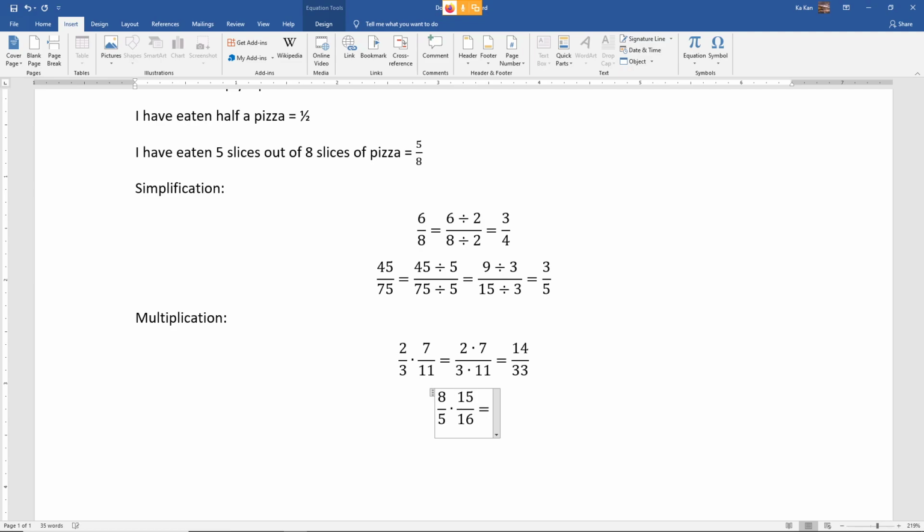Now you're like, wait a minute, look at this 8 and the 16 here. If they belong to the same fraction, you would just simplify, right? It turns out you can simplify for as long as one number is on the top and the other guy's at the bottom. Doesn't matter which part of the fraction. If one is on the top, one at the bottom, you can simplify.